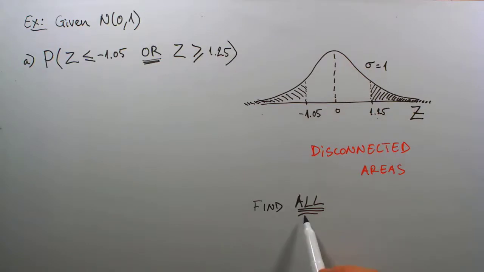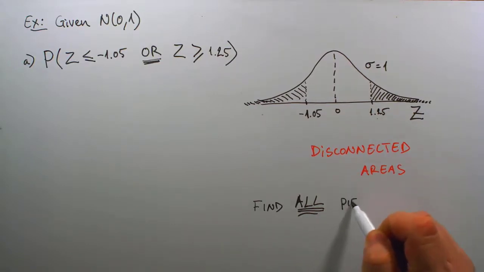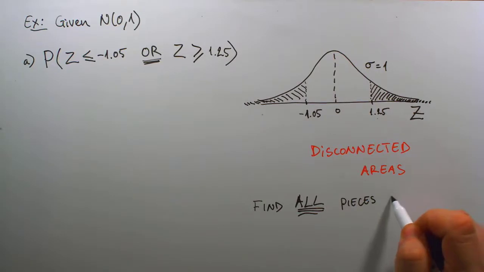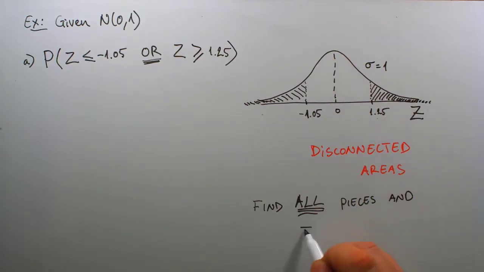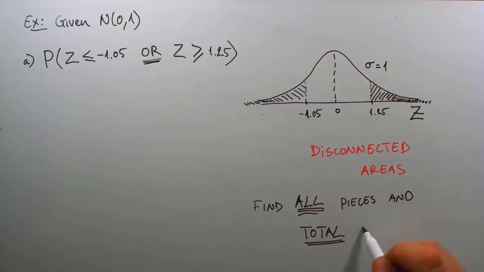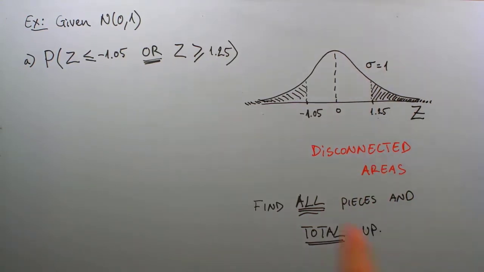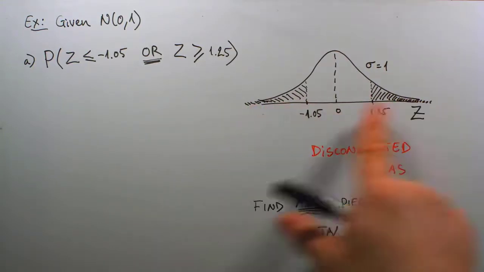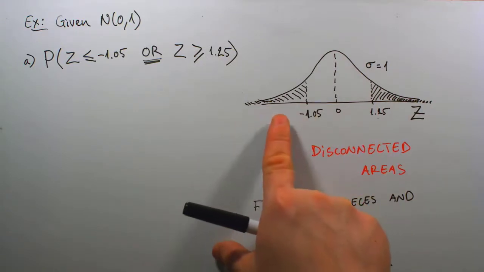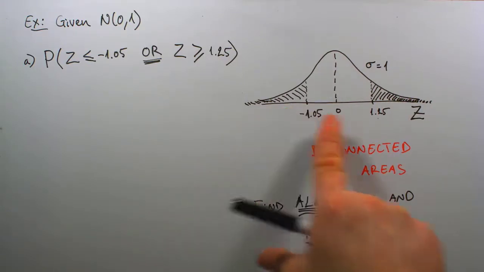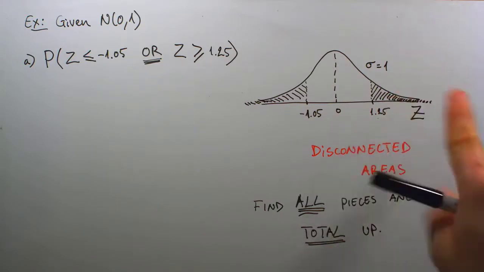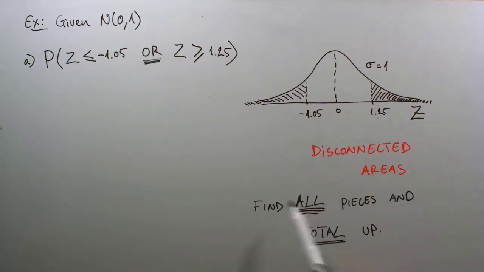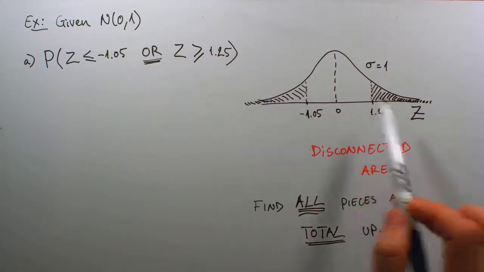So let's find all pieces, and once we've found all the little individual pieces, we're going to total up. That's it. In the end, anywhere our shading reaches, that's where we have to consider. After we shaded this one, we additionally shaded further to the right-hand side of 1.25. That's why, in this fundamental, we find all pieces and add them up.